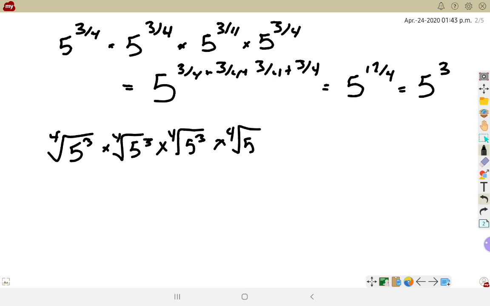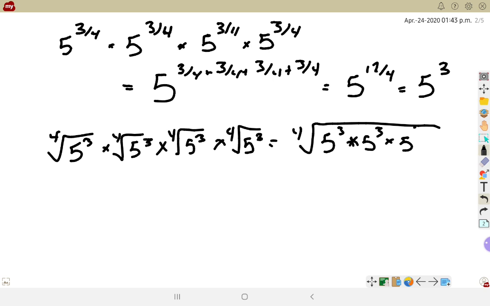So if I've got 4 of those things here, they can all sit under the 1 radical sign, times 5 cubed times 5 cubed. And so I've got the fourth root of 5 with an exponent of 12, and the fourth root of that is going to be 5 with an exponent of 3.